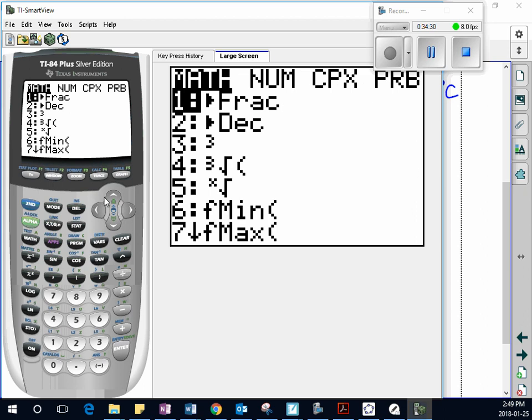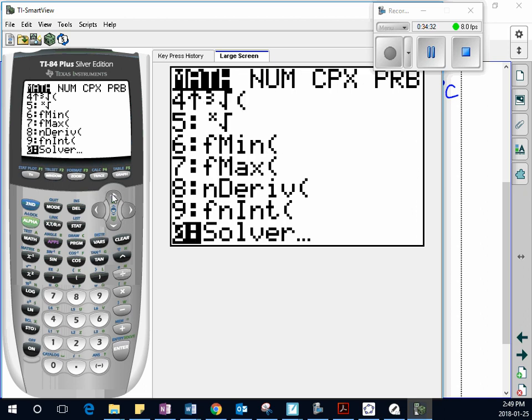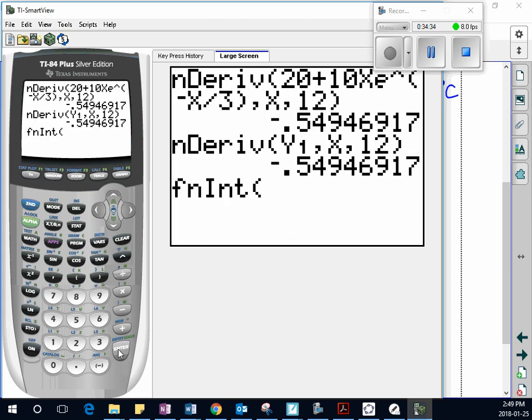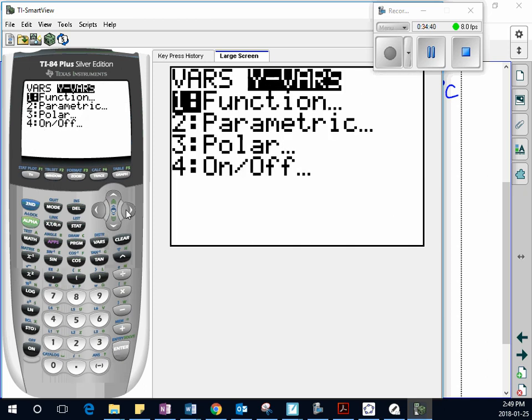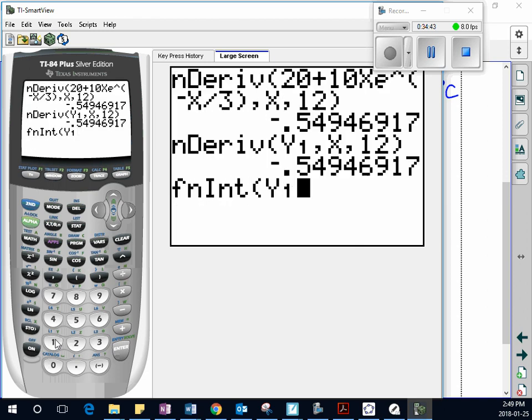So math, the function of the integral, right? And it is vars, y vars, function of y1, comma, x, comma, the upper, which is 15, and the lower.